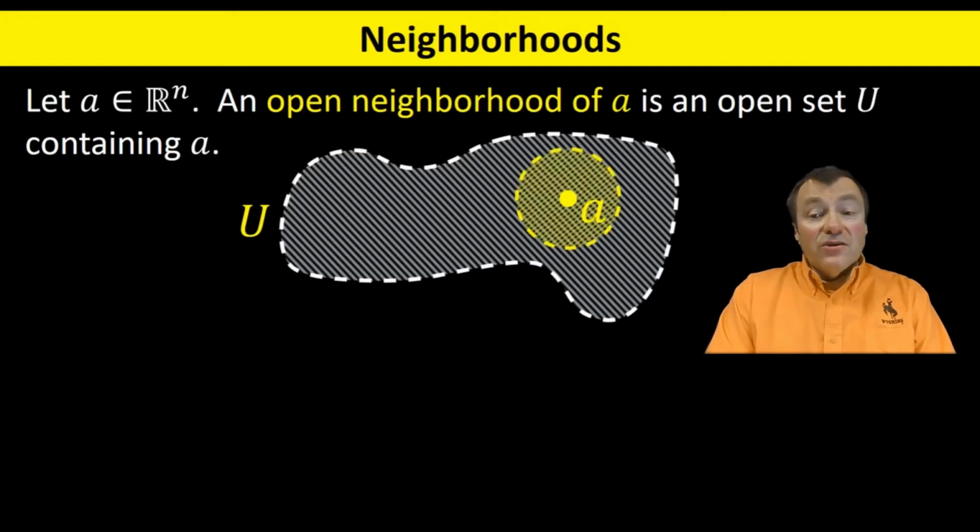In fact, U would have to contain more than just A. By definition of open, U would have to contain some open ball centered at A, with positive radius. So already it has an uncountable number of points. At least in Rn, this is true for n at least 1. In fact, the simplest kind of open neighborhood we can describe is an open ball centered at A.